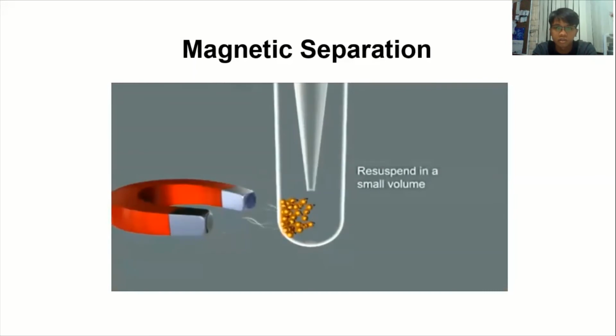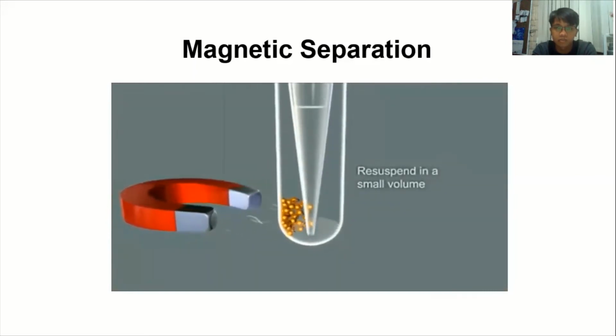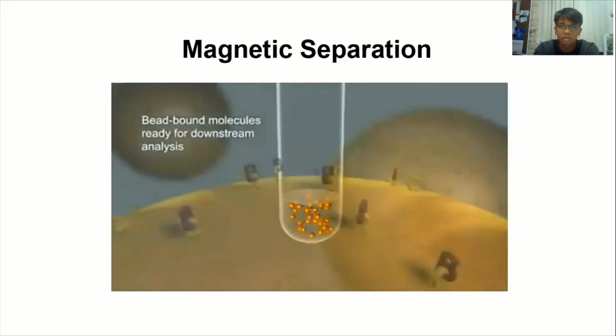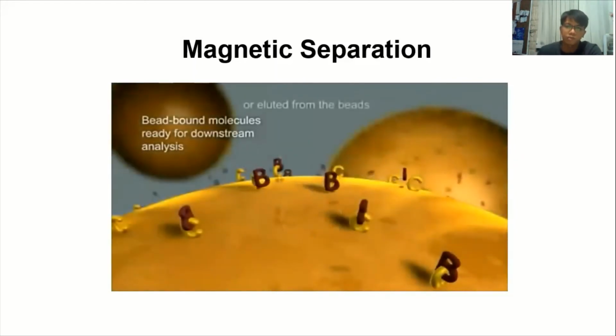Magnetic separation is separating materials by using a magnet to attract magnetic properties.